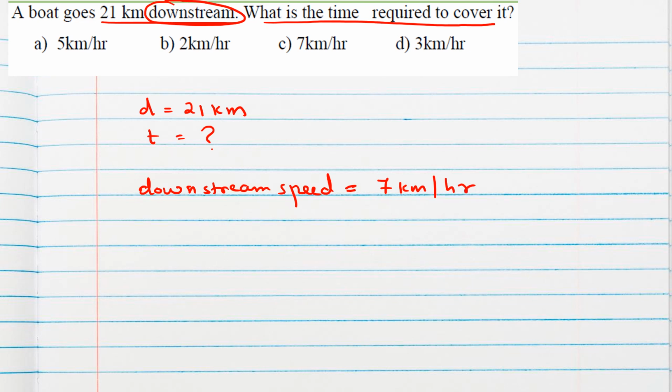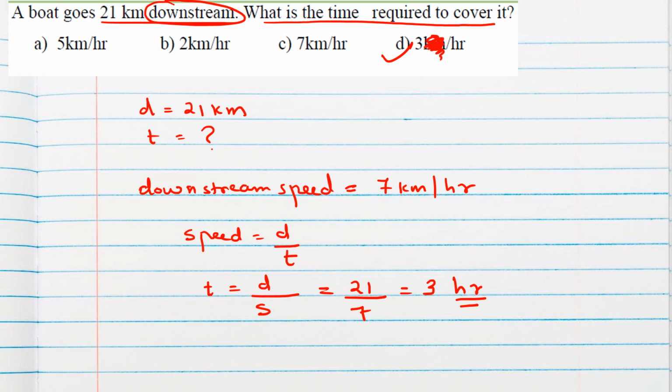Using the speed, distance, time formula, speed is distance by time. Time we should find, so distance by speed. Distance is 21, speed is 7. So the final answer is 3 hours. Time is 3 hours, so it should be 3 hours, not kilometers per hour. So option D is correct here.